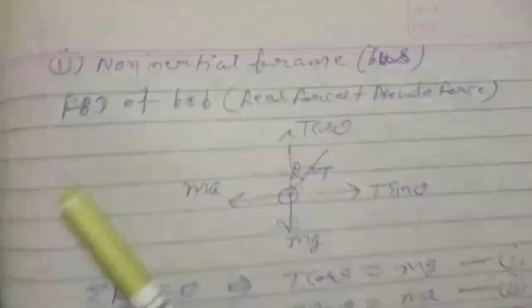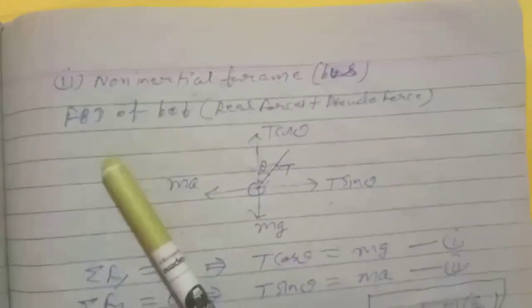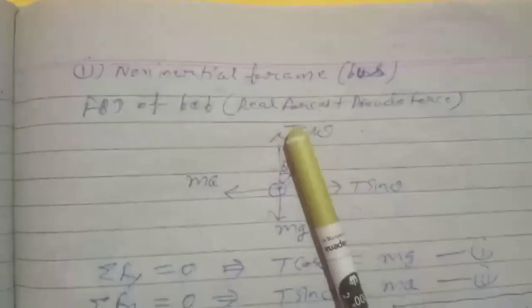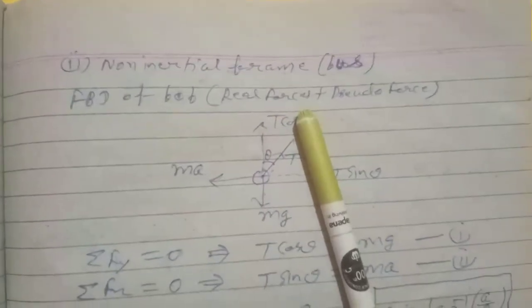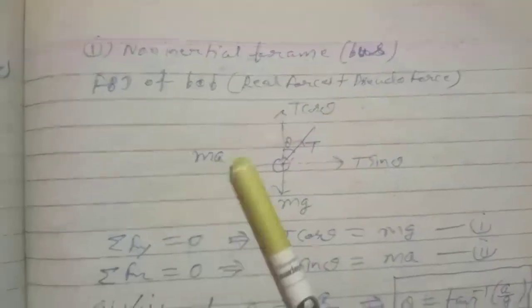Now second case, if we consider the non-inertial frame, that is the bus, that is person is sitting, person is watching the bob from the bus, the FBD of body will be real force plus a pseudo force.